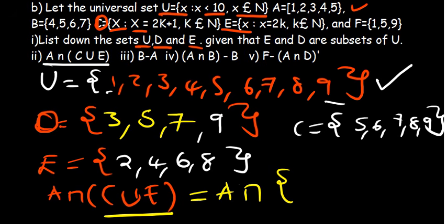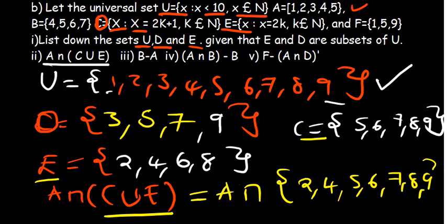You're trying to combine the elements in C and E together. So you need to list them. So let's try to combine them. We're going to start from 2, 4, with 5, with 6, 7, 8, 9.